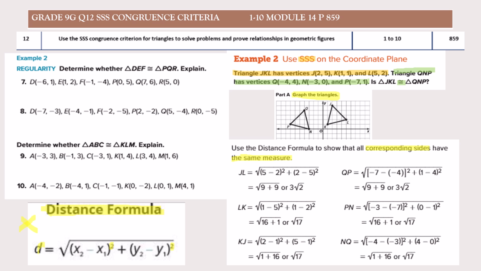So we have to say, prove that all corresponding sides have the same measure. So in this example, 3 square root 2, 3 square root 2, root 17, root 17, root 17, and root 17. So we know that this is congruent because all corresponding sides have the same measure.